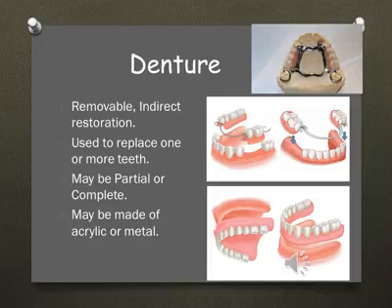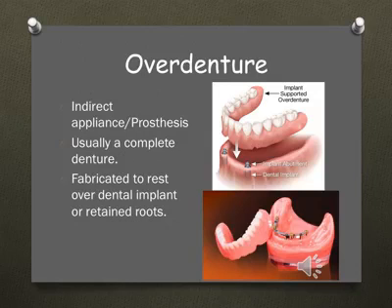In a partial denture, there are metal clasps which help to support or retain the denture in place, whereas in a complete denture, the underlying bone and the supporting tissues help to keep the denture inside the arch. An overdenture is also an indirect prosthesis, usually a complete denture, which rests either on dental implants or retained natural roots.